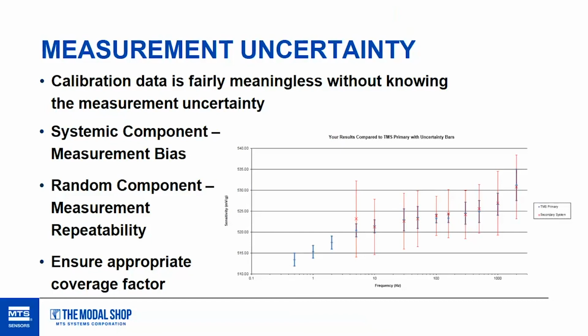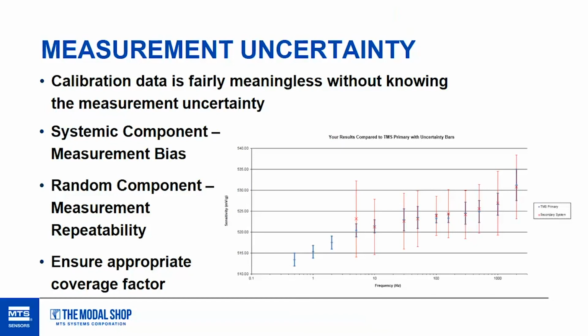The systemic component is just a bias in your measurement. You can think of how far away you are from the bullseye, with the bullseye being the true sensitivity of your test device. And then you have a random component. That is the distribution of your data set around some sort of center. So it's the distance to center and then your distribution from there.